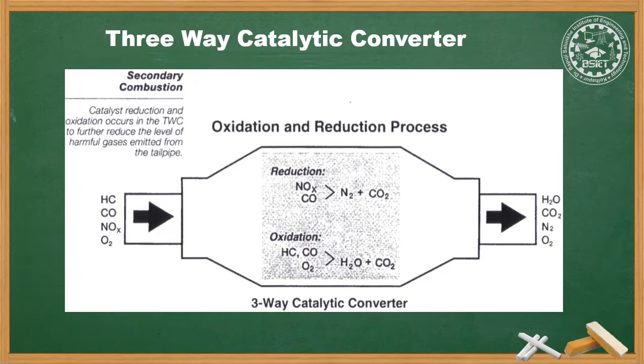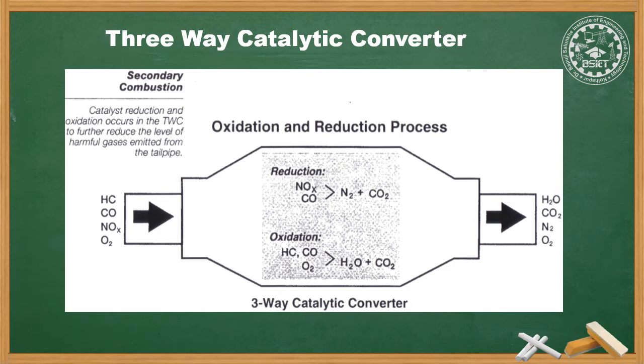It is commonly used in petrol engines. A three-way catalytic converter has three simultaneous functions: reduction of nitrogen oxide into elemental nitrogen and oxygen, oxidation of carbon monoxide to carbon dioxide, and oxidation of hydrocarbon into carbon dioxide and water.